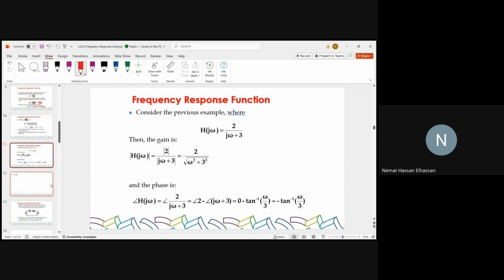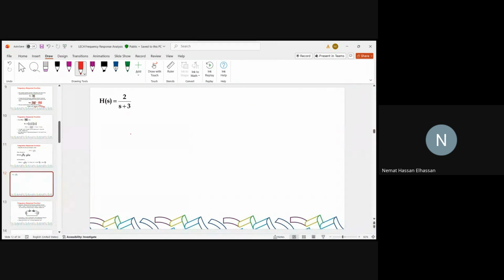Now let's say that I want to evaluate the gain and the phase shift. What are these two equal to? Step one would be to convert every s to j omega. So this is what we will do.